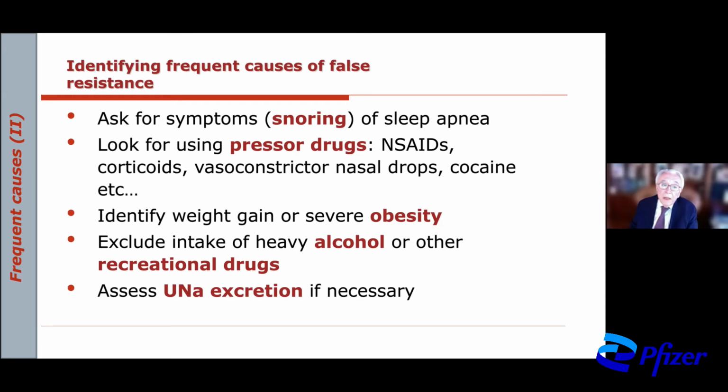We also try to identify if the patient is gaining weight or has severe obesity, which is the main cause of refractoriness to treatment. Also, we need to exclude heavy intake of alcohol or other recreational drugs.